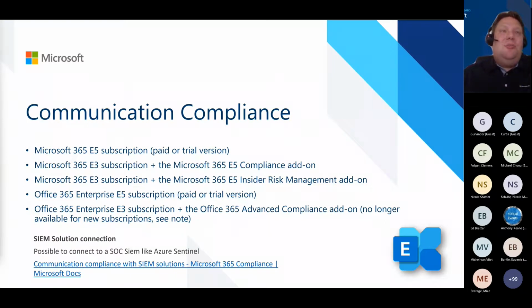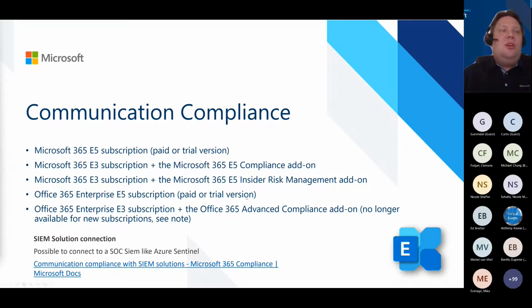You see here I talked about the licensing, and you see E5, E3, and compliance license. The E5 compliance add-on is also fine, or the insider risk and communication add-on. That's the same for communication compliance and insider risk. If you have the licensing for one of them, you have the licensing for both.